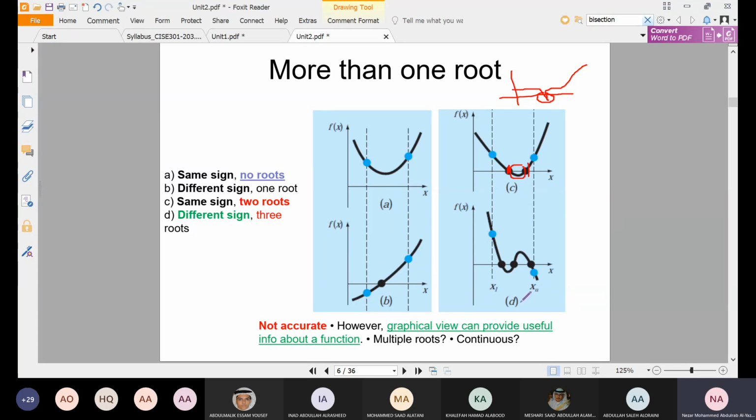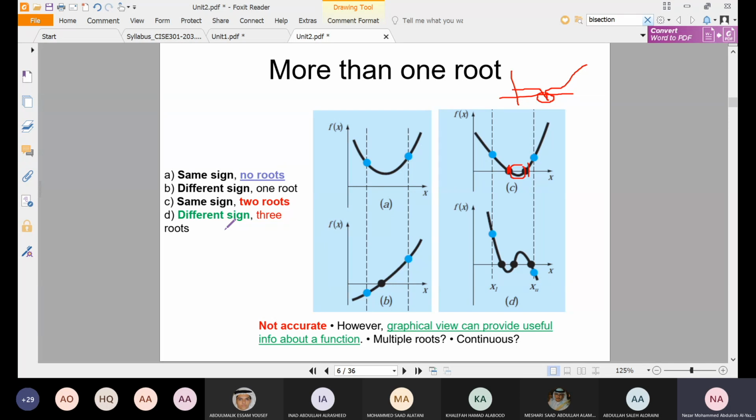The fourth one, figure D, we can say we have different signs, but here instead of 1, I have 3 roots. So we said a different sign indicates at least 1 root, but we cannot recognize if we have more than 1 root.